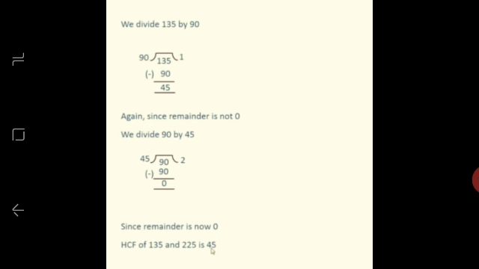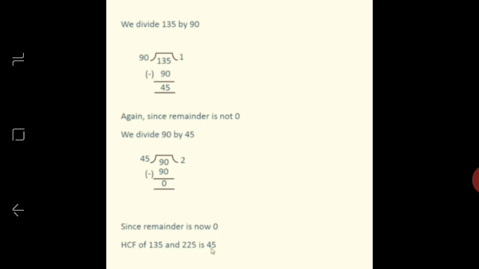So we are again dividing 90 by 45. But in this case, we all know that 45 twos are 90. That's why we are getting the remainder as 0.